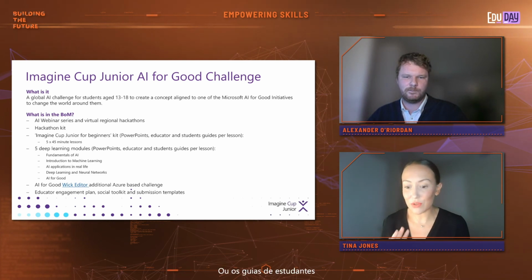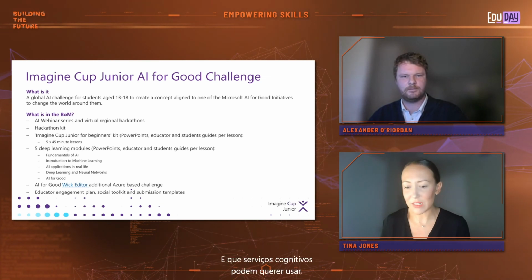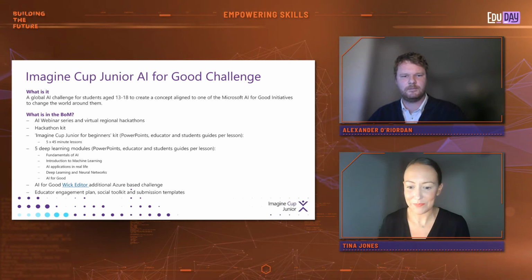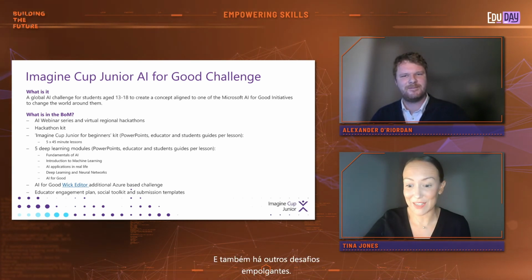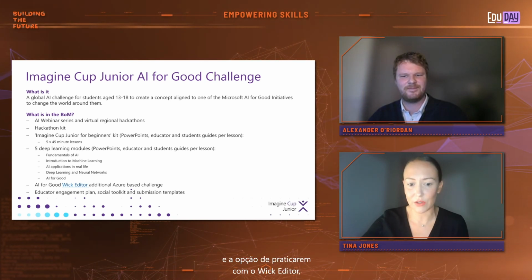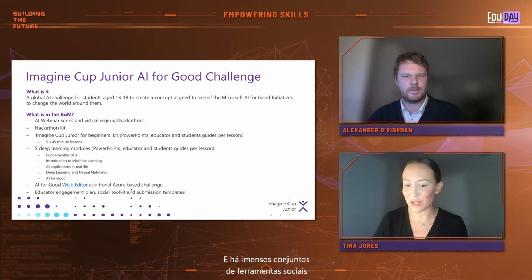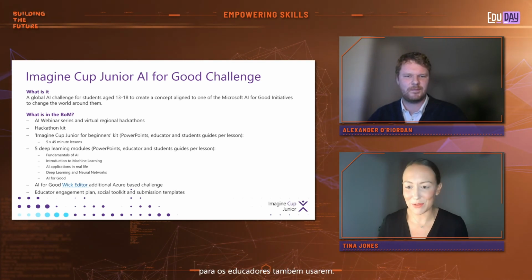Or the student guides are also awesome for students to take home, do their reading and refer to as they build out their project and what cognitive services they might want to use as part of what they're submitting. And there's also some other exciting challenges. So there's some Minecraft challenges, the option for them to get hands-on with the Wiki editor and bring their project to life. And there's lots of social toolkits for educators to use as well.